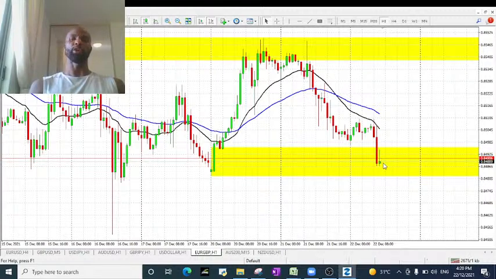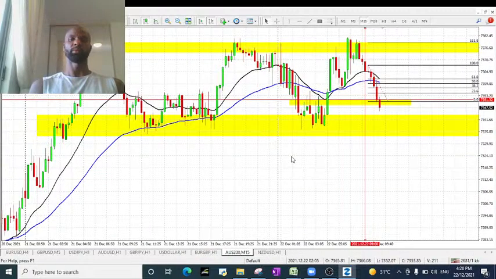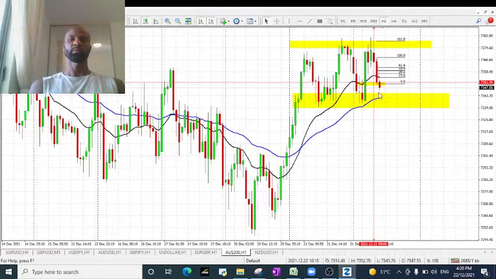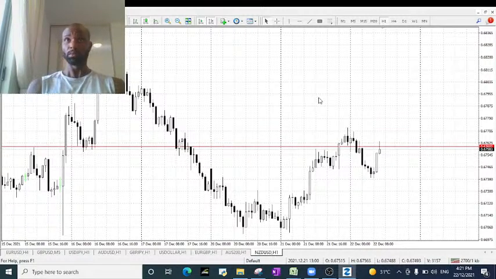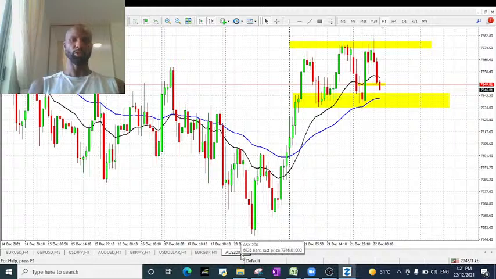So this is exactly the scenario we were hoping for in the pound US trade, but it didn't happen. All we can do is wait.